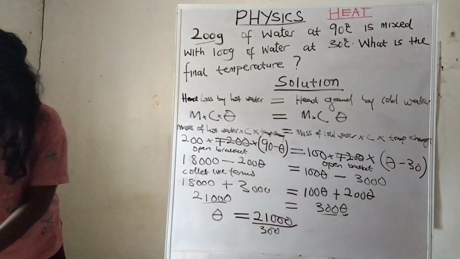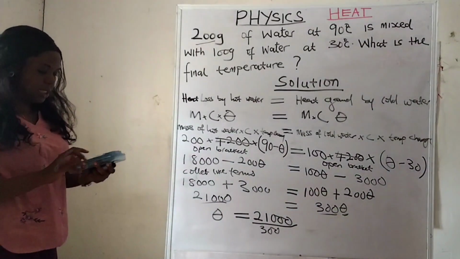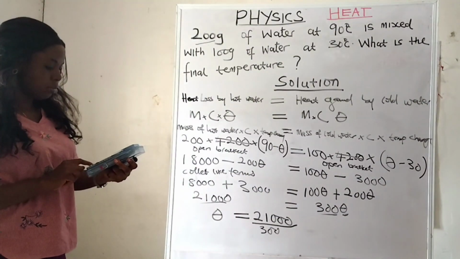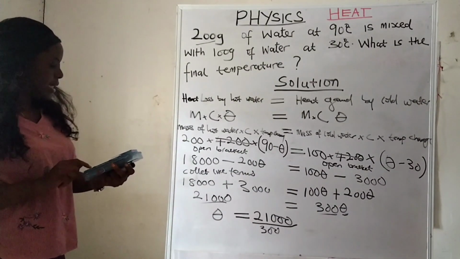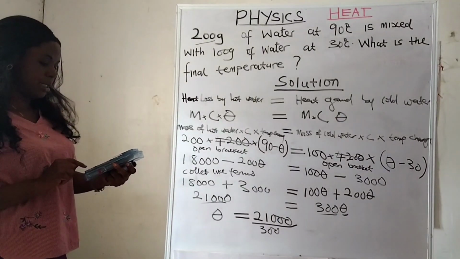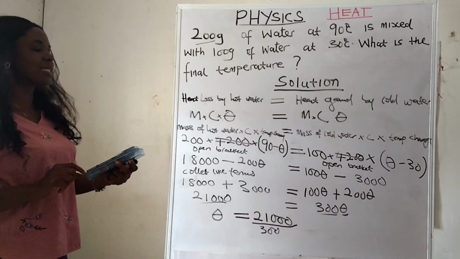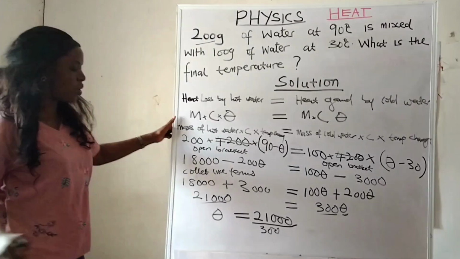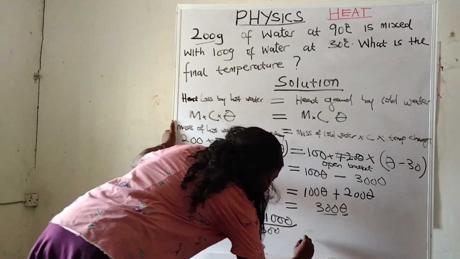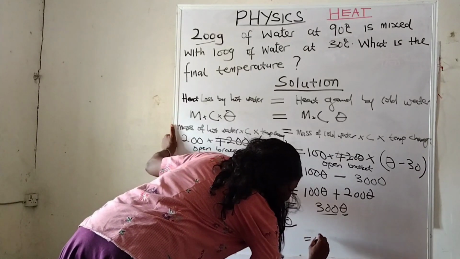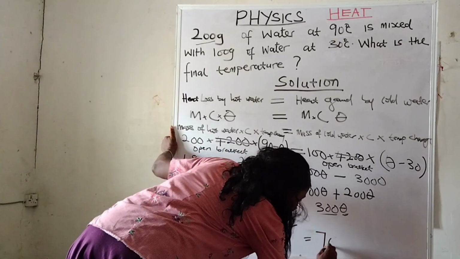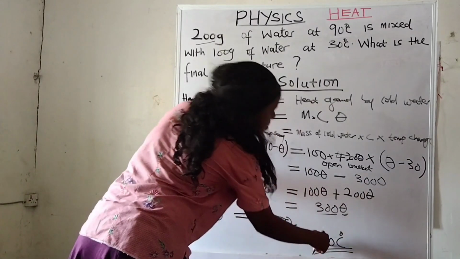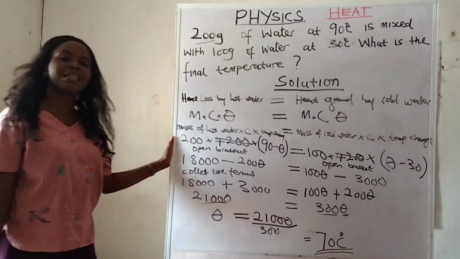We say 21,000 divided by 300 is equals to 70. Okay? So we have theta, this theta now, is equals to 70 degrees Celsius. Temperature is measured in degrees Celsius.